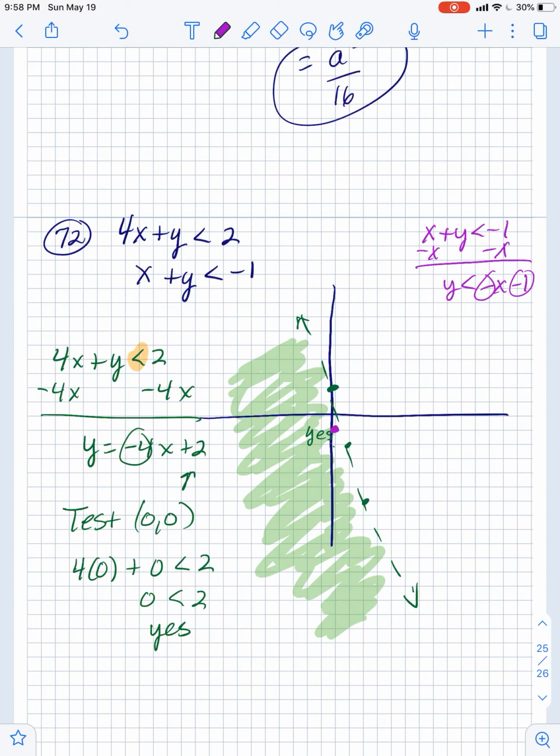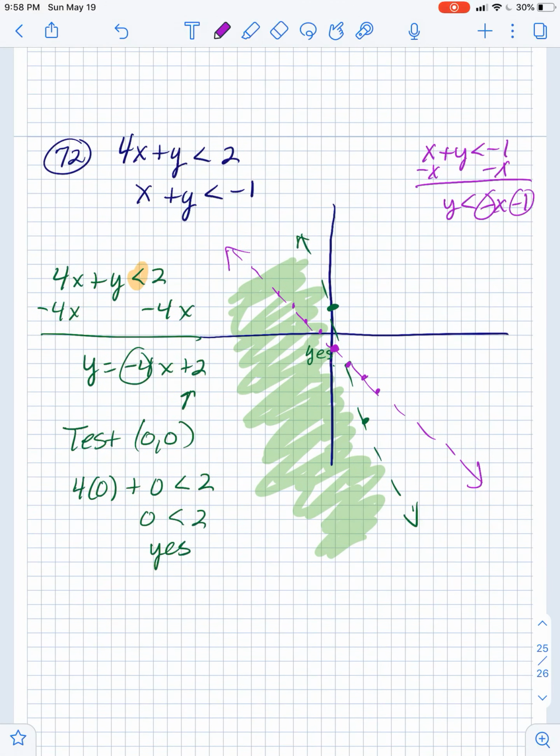Okay. Right 1, down 1, right 1, down 1, right 1. I might also go up, just so I get me a nice graph. Okay, and again, it is just a less than, so it's dotted. There's that. Okay, and then I'm going to test 0, 0. So 0 plus 0, is that less than a negative 1?